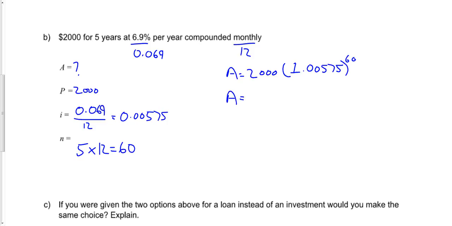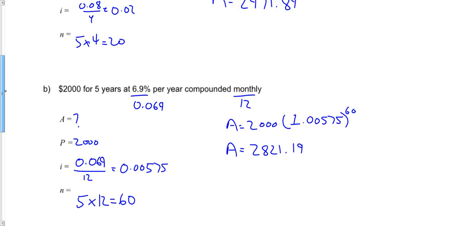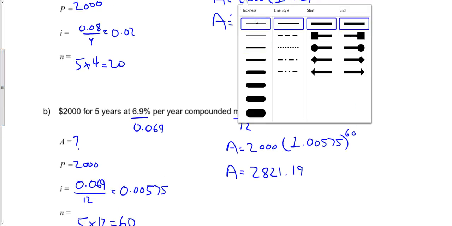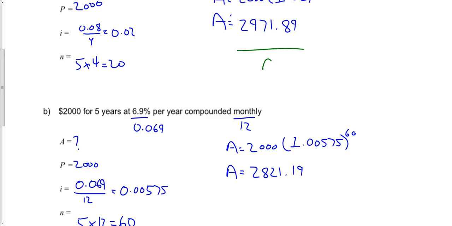So now I'm going to do the math real quick. 1.00575 to the exponent 60 times 2,000 is going to give me $2,821.19. Okay, so if I compare those two options, I can see that I'm going to get more money out of option A.